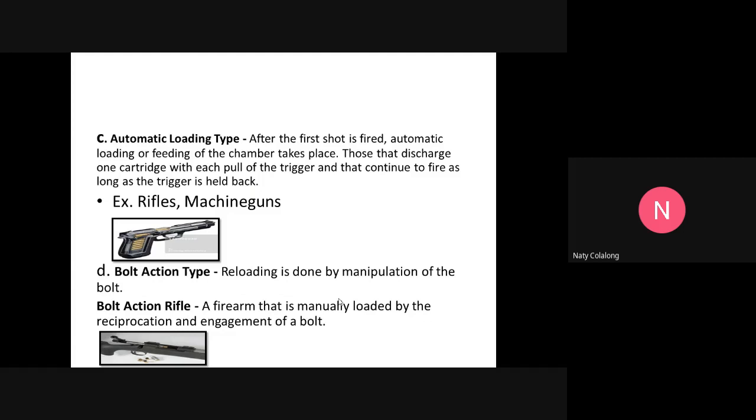And then we have bolt action type, wherein reloading is done by manipulation of the bolt. So we have the bolt action rifle, a firearm that is manually loaded by the reciprocation and engagement of a bolt.